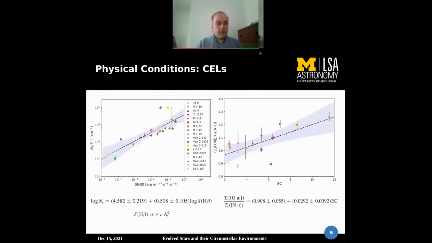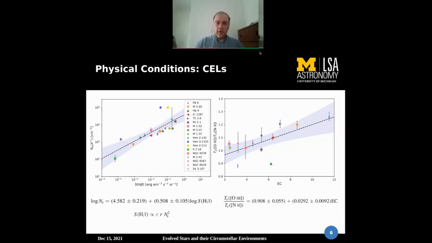In these figures, you see the result of electron density obtained from singly ionized forbidden lines plotted versus the nebula H beta surface brightness, and the dashed lines show fits to these objects. This is in agreement with theoretical predictions that surface brightness is related to density squared, and surface brightness declines with radius as the nebula expands and density drops.